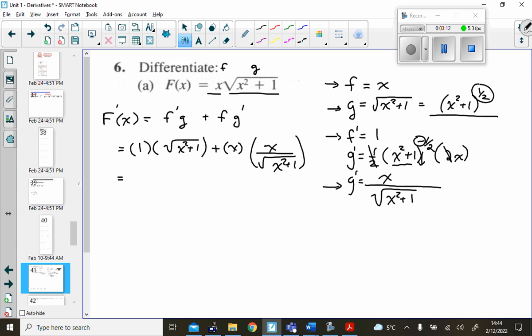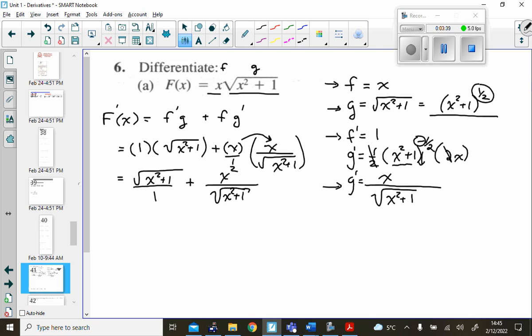So if I simplify this a bit, you'll get square root of x squared plus 1. You multiply the x by the x and get x squared. And multiply the denominators together, and you just get square root x squared plus 1 in the bottom. I'm going to make this over 1 so you could maybe get a hint of what your next step should be.